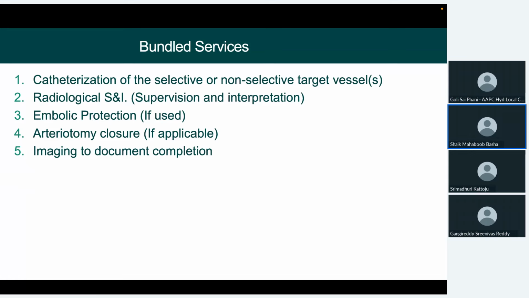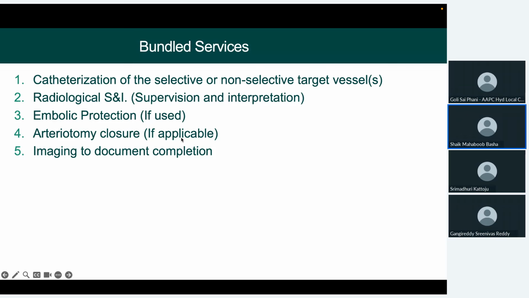Can anyone say? Both, yes. This is the only topic in IVR where we can accept it if performed both in open or percutaneous. That is the reason, if they do an arteriotomy, while completing the procedure they do arteriotomy closure, which is also applicable.